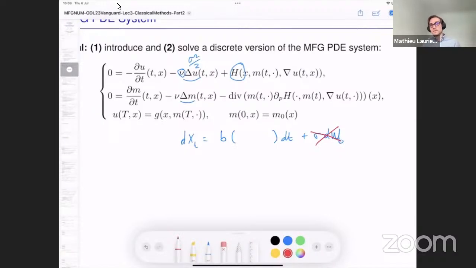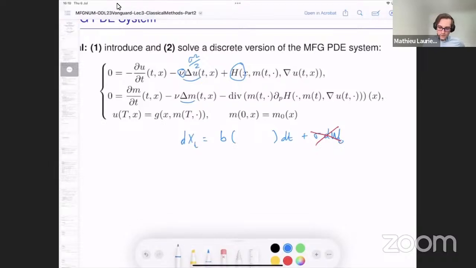And this can be easier in some sense or more difficult because maybe the solution is less smooth and maybe you need specific numerical methods for that. In particular, the probabilistic approach is maybe not that well suited if there is no noise in the dynamics. So this might require specific methods. And more generally, very small diffusion leads to solutions that are less smooth. So it could be challenging.